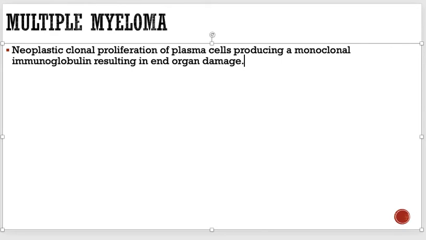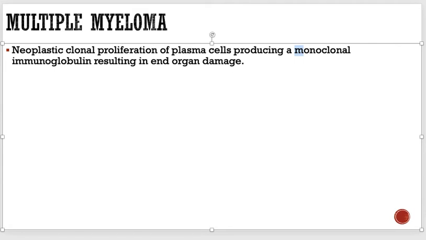See, now when the body starts producing one kind of plasma cell, one kind, because it is monoclonal, just one clone of immunoglobulin is increasing too much, and now it's starting to damage the organs. It is called multiple myeloma.